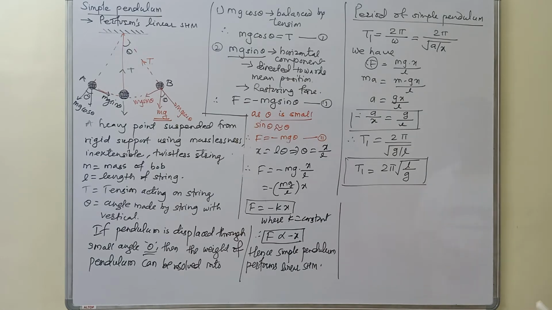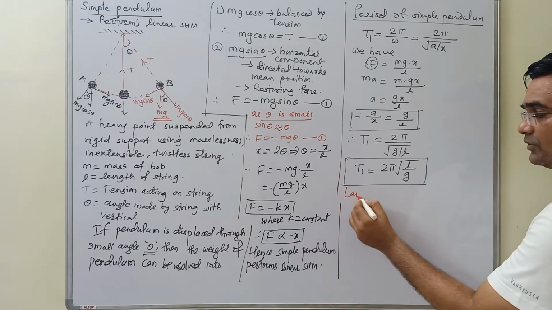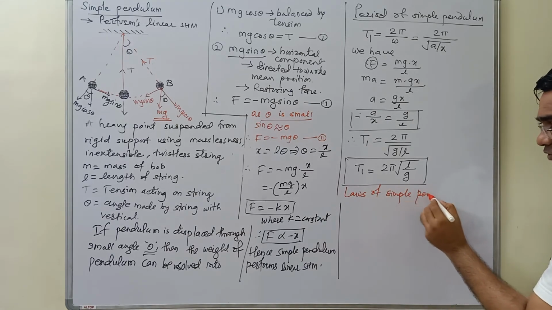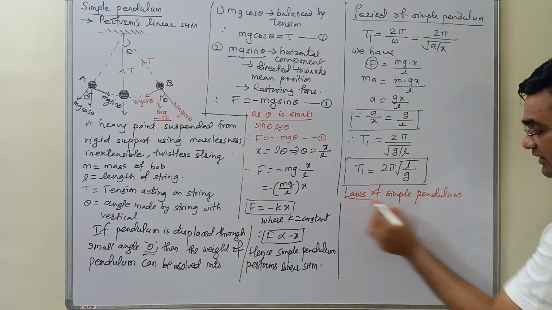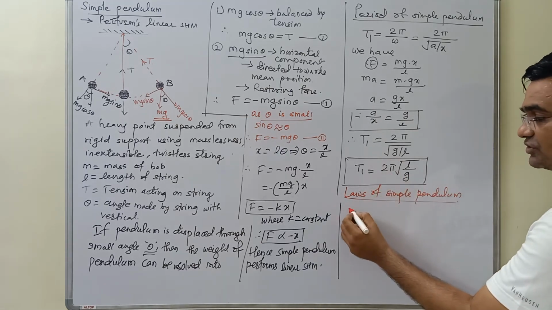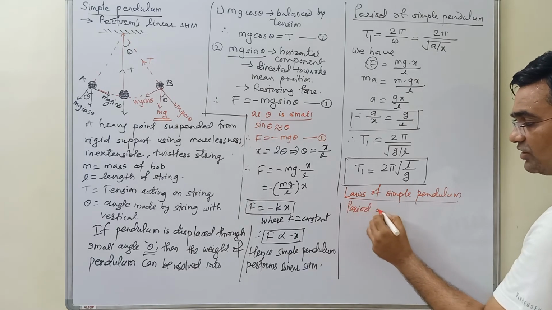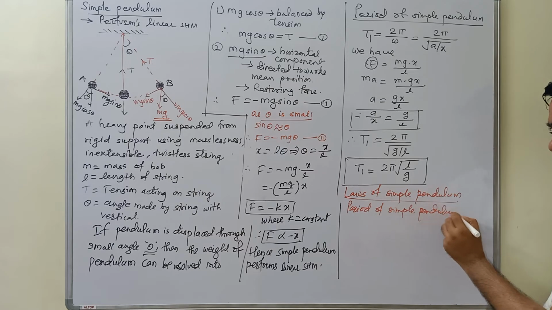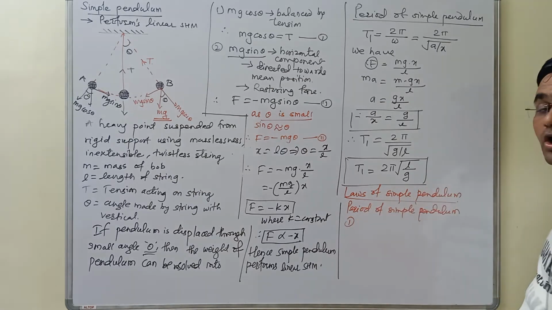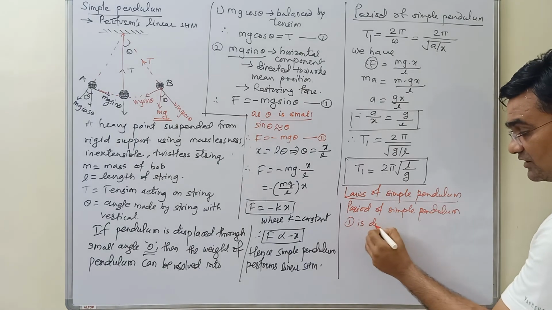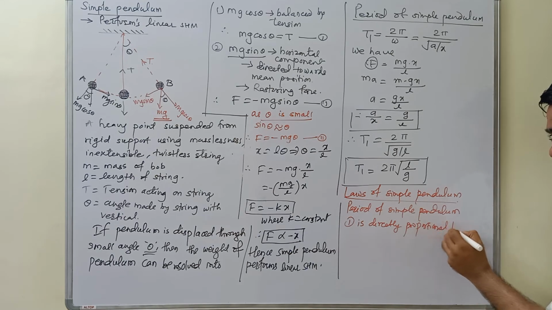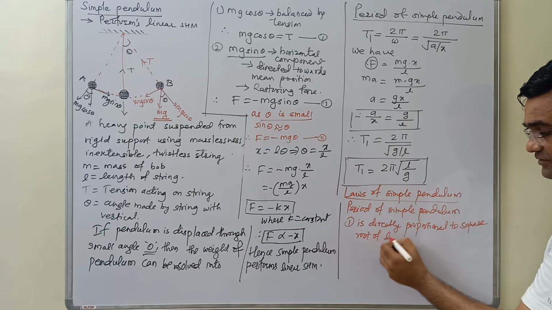Okay. Now using this formula you can have a few laws of simple pendulum, and these are very simple laws. From the formula only one can get the laws. As we know, 2 pi will always be constant. So the first law: period of simple pendulum, according to the first law, it is called the law of length, is directly proportional to, as you can see, the square root of length.